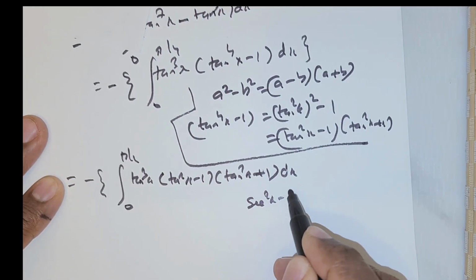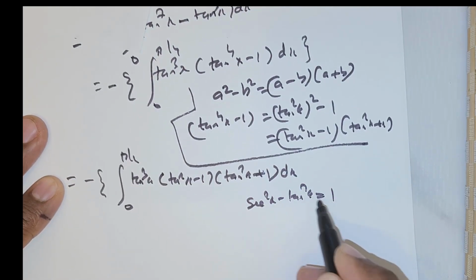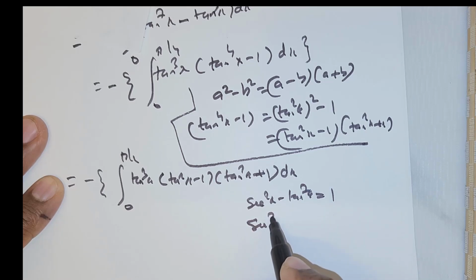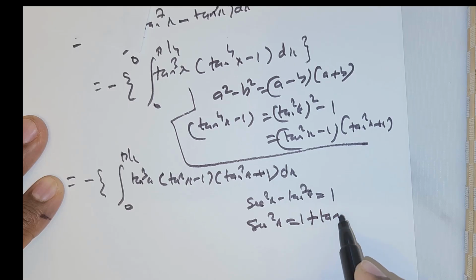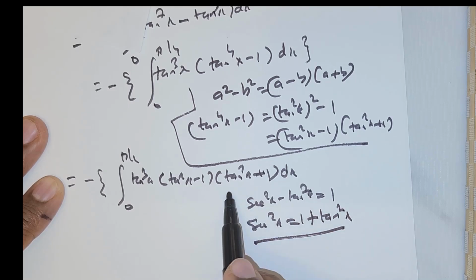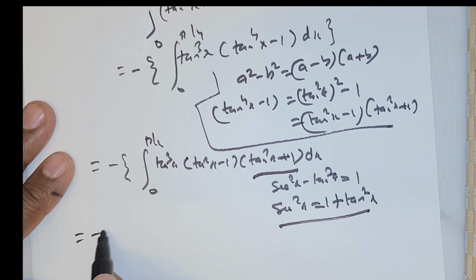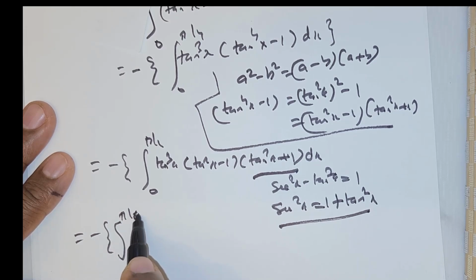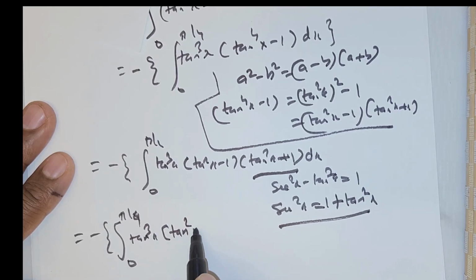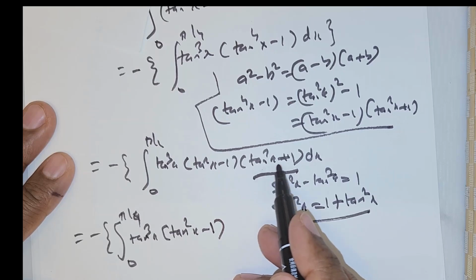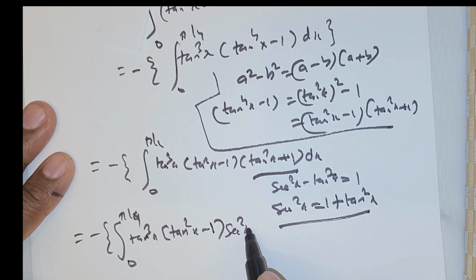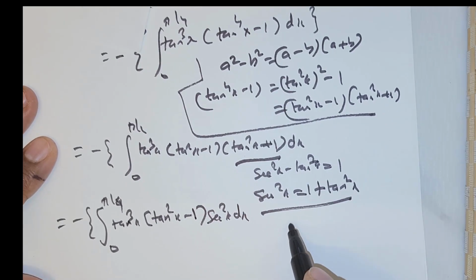But we know that secant squared x negative tan squared x is equal to 1, and secant squared x is equal to 1 positive tan squared x. We already have tan squared x positive 1, so this is equal to negative integral 0 to pi over 4 tan raised to the power of 3x times tan squared x negative 1 times secant squared x. There's already a dx there.